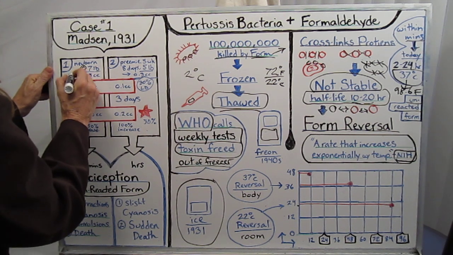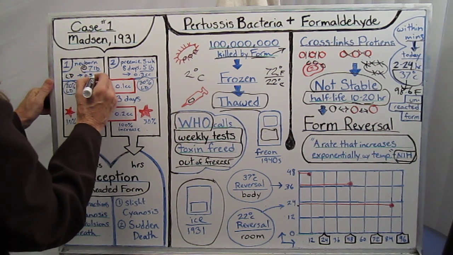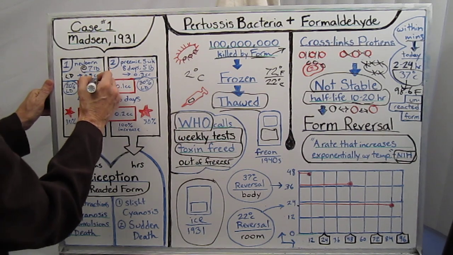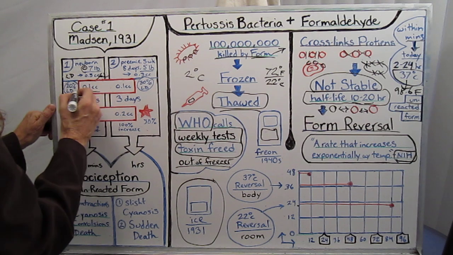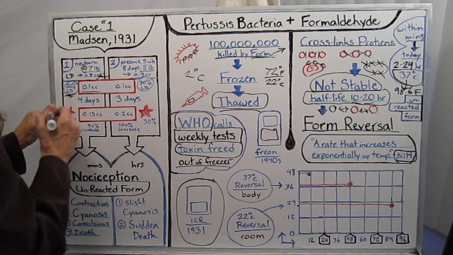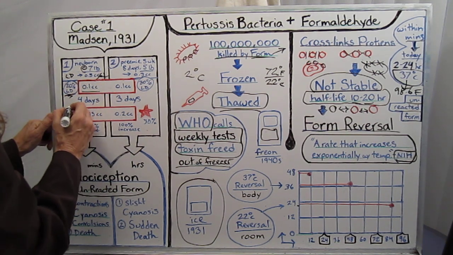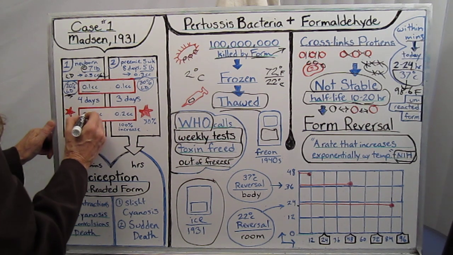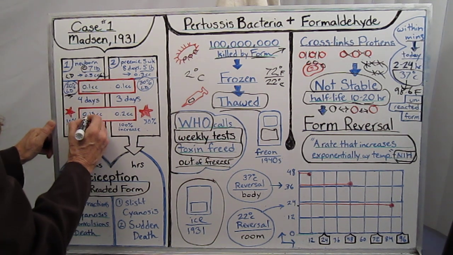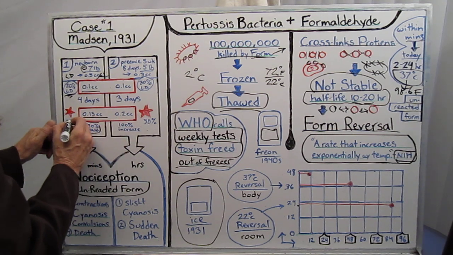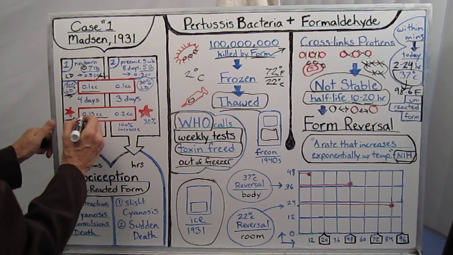The lethal dose of formaldehyde for this child would be 0.5 cc's or milliliters, and he gave them 0.1 cc. That's 20% of the lethal dose for this child. 4 days later, he gave this child a 50% increase, 0.15 cc's, and that's a 30% lethal dose of this product.